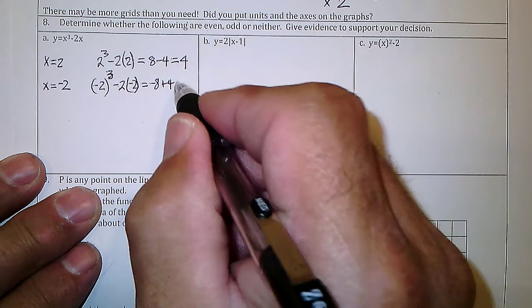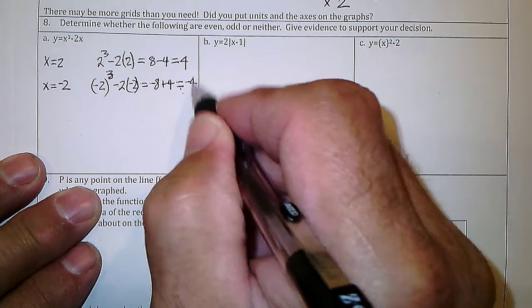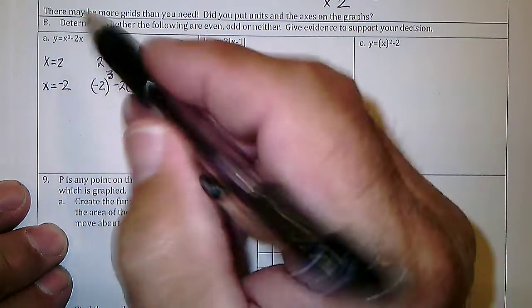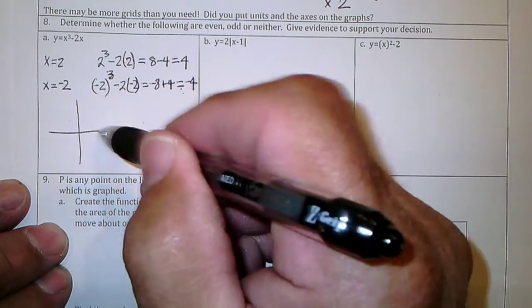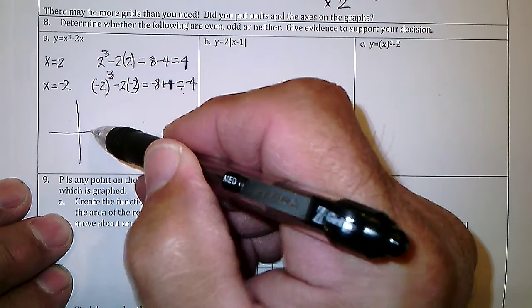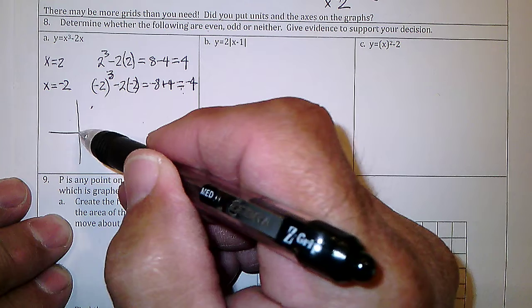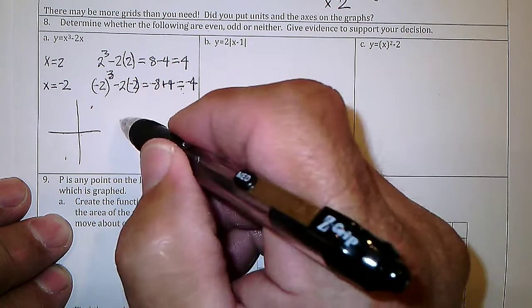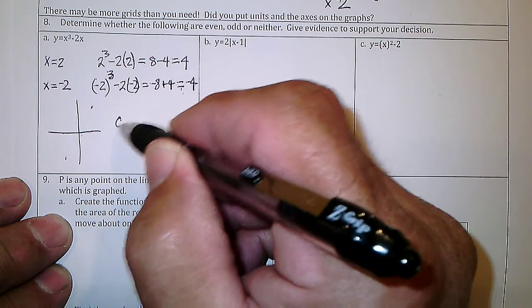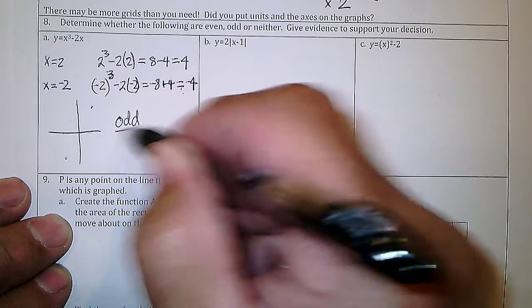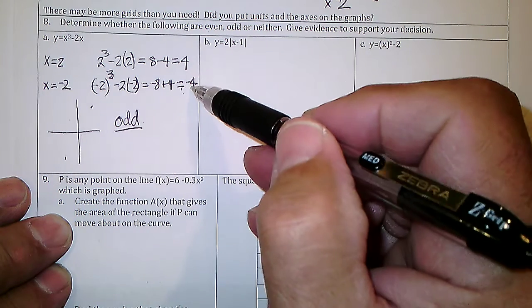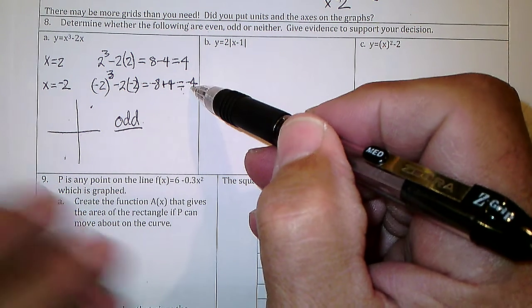That comes out to be -4. So changing the sign of the x changes the sign of the y. And if you wish to think about this on a graph, 2 gives us 4. -2 gives us -4. It's symmetric with the origin. That's a characteristic of an odd function. Changing the sign of the x input changes the sign of the y output.